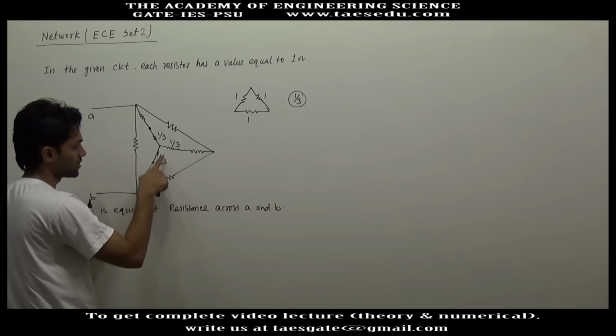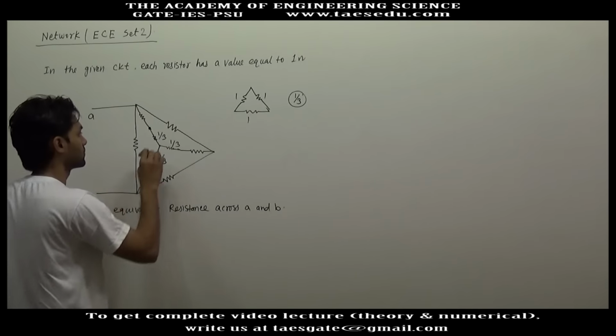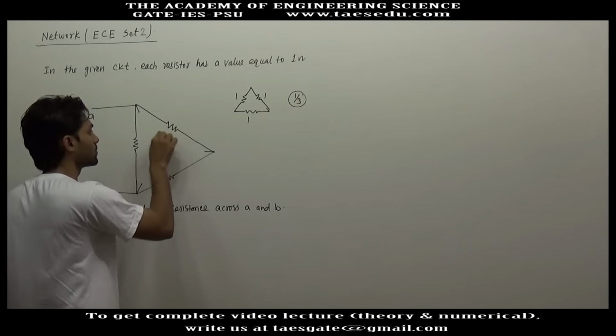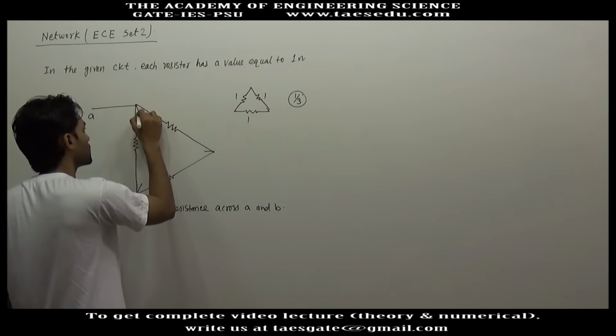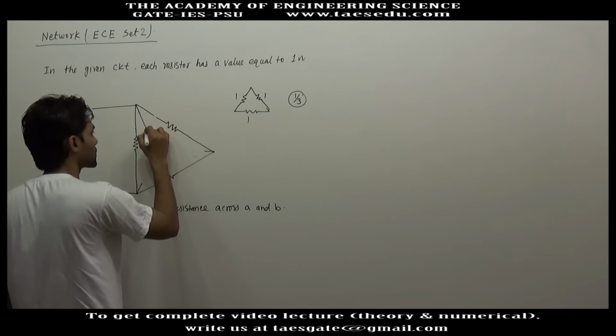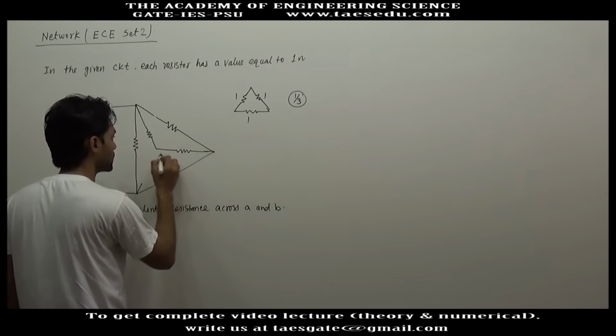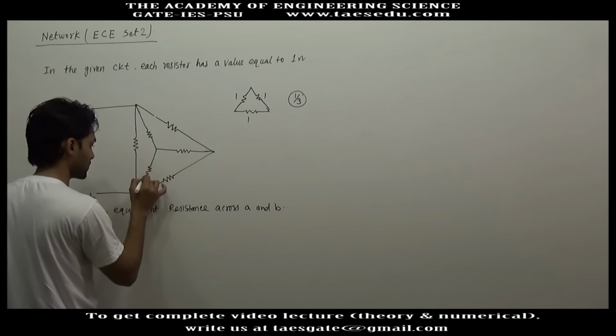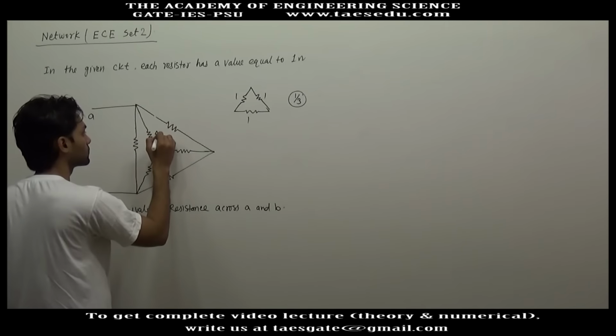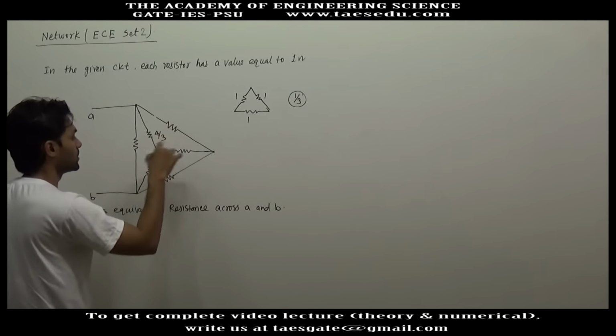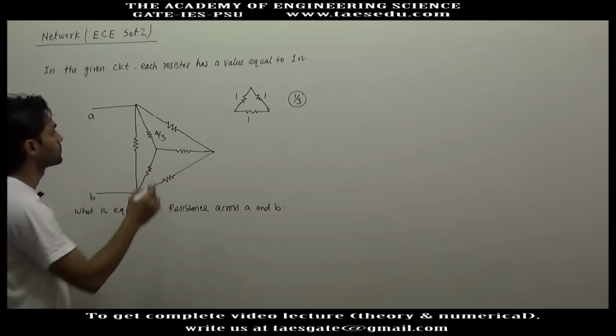This is also 4 by 3, this is also 4 by 3. So we have a star connection of resistances whose values are 4 by 3, 4 by 3 and 4 by 3.